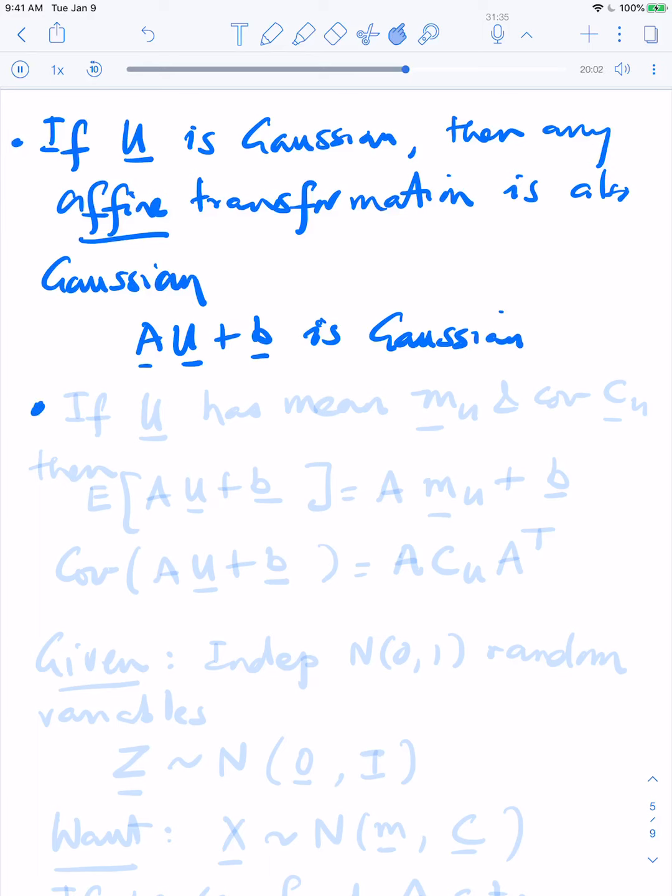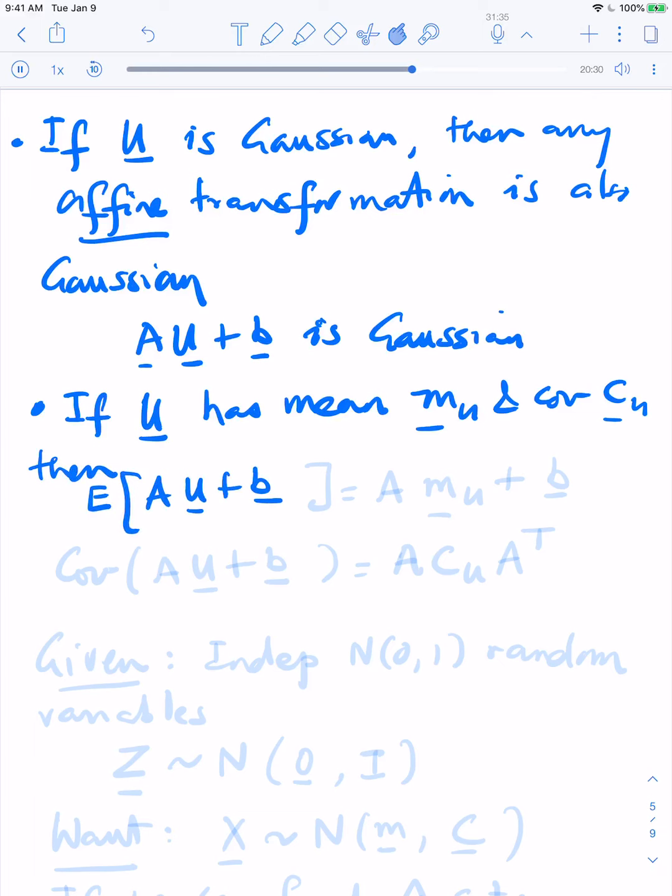So let's look at how means and covariances evolve under affine transformations. This is general. This doesn't need to be just for Gaussian random variables. But if U has mean m sub u and covariance C sub U, then the mean of AU plus B is just A times the mean of U plus B, it's just linearity of expectation, and constants just pull out, right?